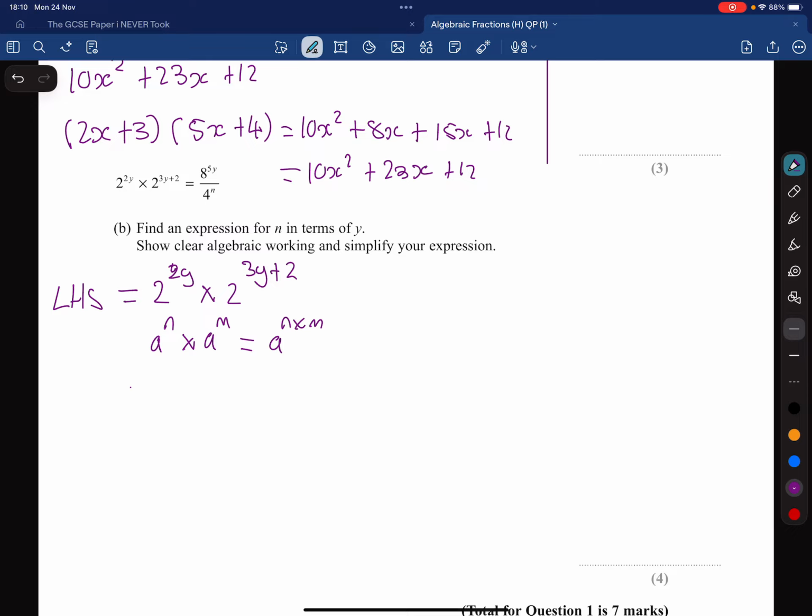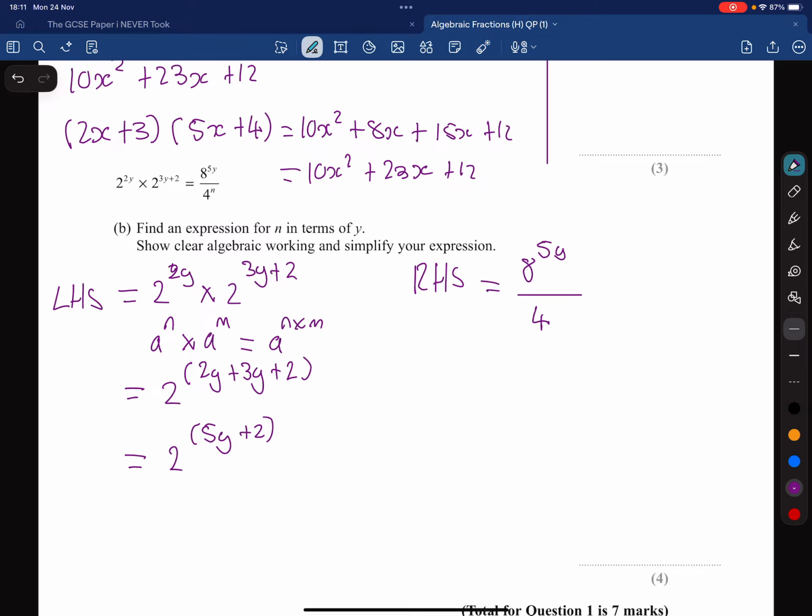Okay? So this is equal to 2 to the 2y plus 3y plus 2, which is equal to 2 to the 5y plus 2. Okay, and now we need to simplify the right hand side. So this is equal to 8 to the 5y over 4 to the n. 8 is equal to 2 cubed, because 2 times 2 times 2 is equal to 8.